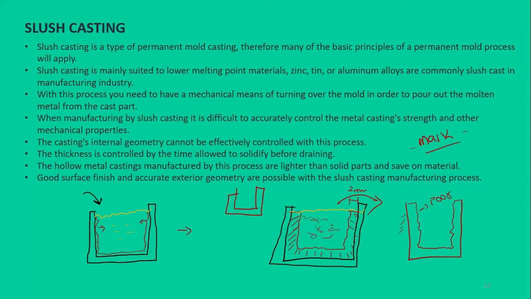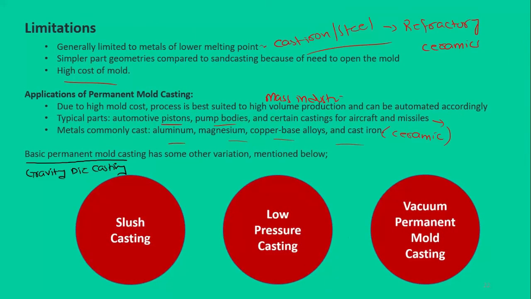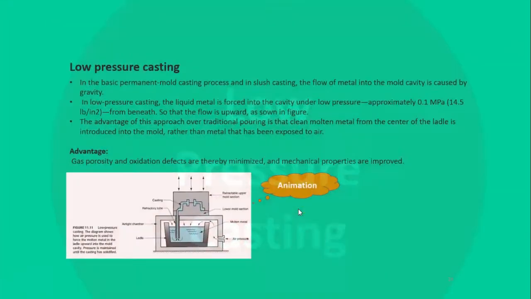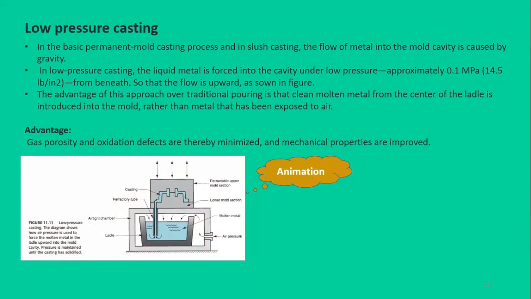Now we'll move on towards the next type of the basic permanent mold casting or the derivative of die casting, that is low pressure casting.